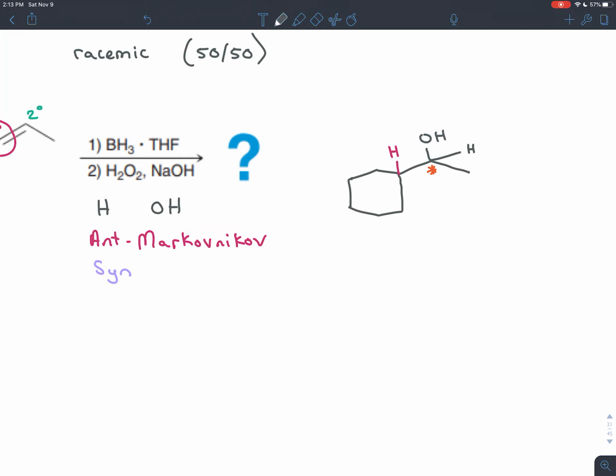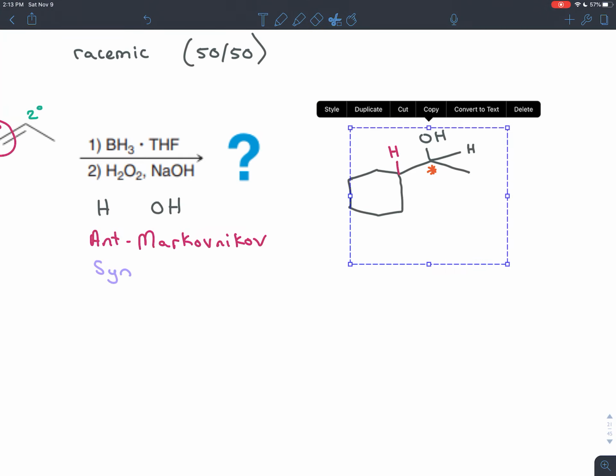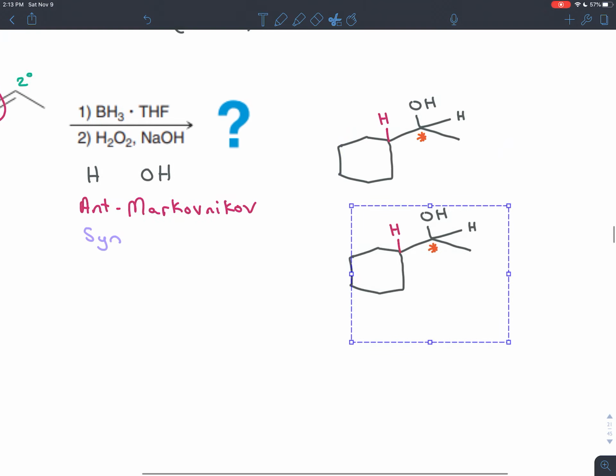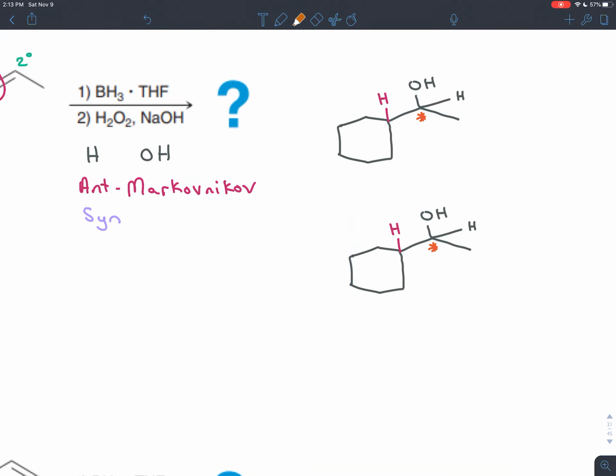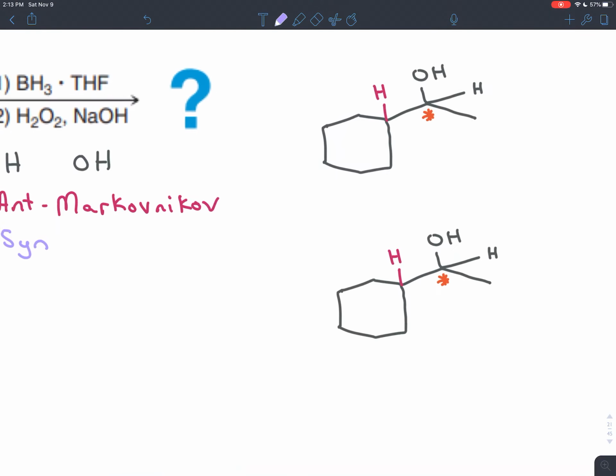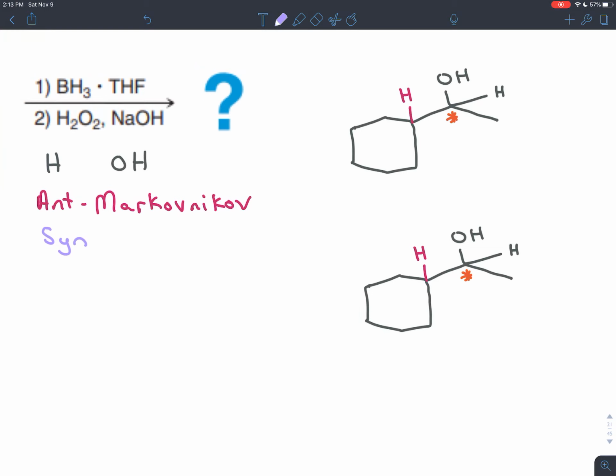Okay, well, we know that we could get syn addition. That means that because it's syn addition, the hydrogen and the oxygen will either both be coming out of us, or they will both be going away.